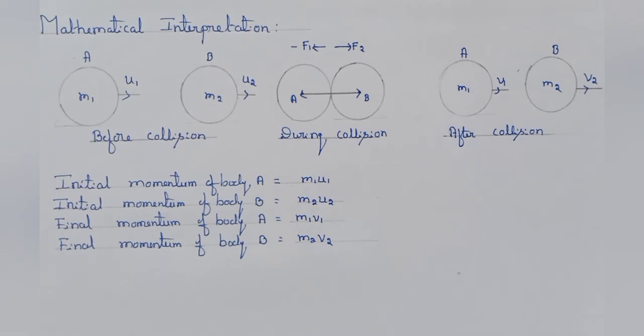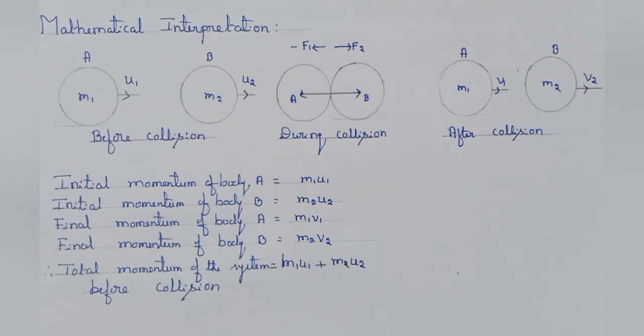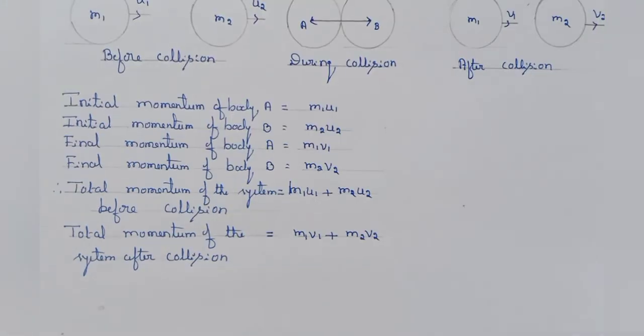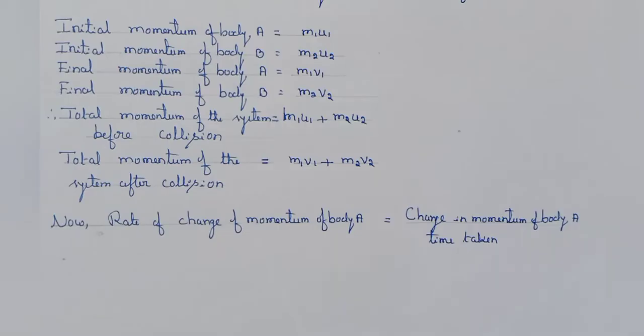Therefore, the total momentum of the system before collision is m1 u1 plus m2 u2. And the total momentum of the system after collision is m1 v1 plus m2 v2. Next, the rate of change of momentum of body A is equal to the change in momentum of body A divided by the time taken.